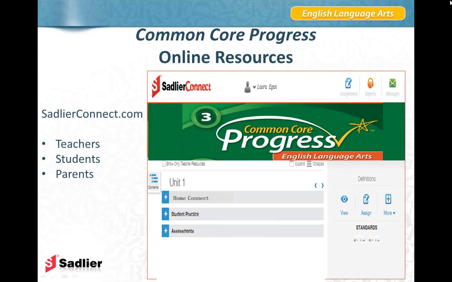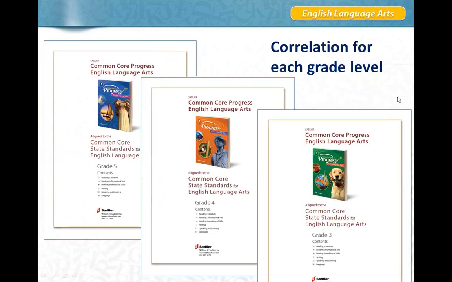We also have a messaging system, so teachers can talk to parents, parents can talk to teachers, and students can talk to teachers. We also have correlations for each of the grade levels online at the teacher resources availability.